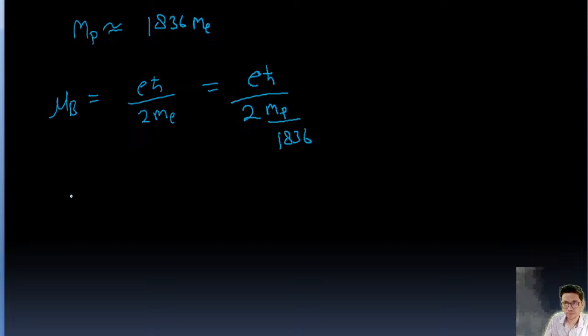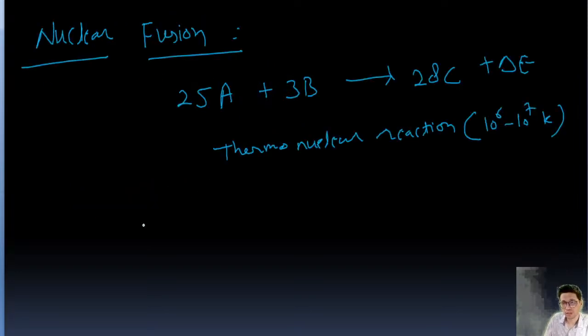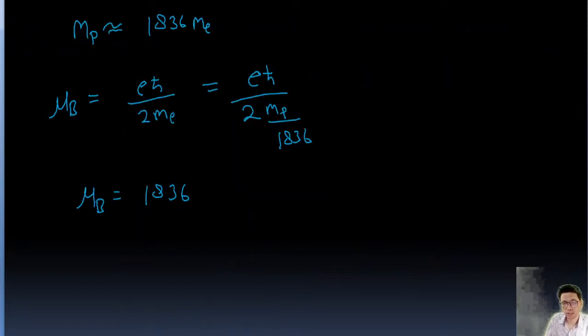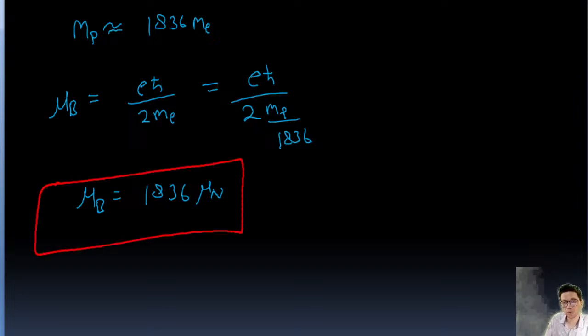So mu B is 1836 mu n. This is important. This is the relation between Bohr magneton and nuclear magneton: Bohr magneton is 1836 times the nuclear magneton.